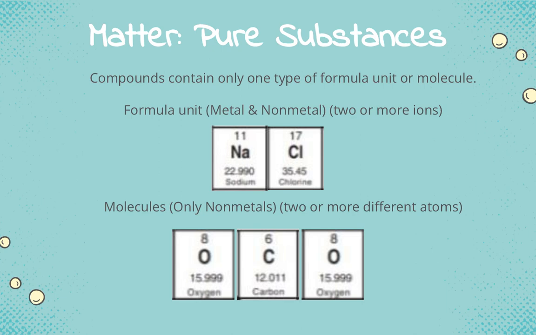And so back to my table salt example, you would write the formula for that as NaCl. I would know that that is made up of two different elements because I have two uppercase letters within that formula. And then molecules that are made of two or more different atoms, because we are talking about compounds here.